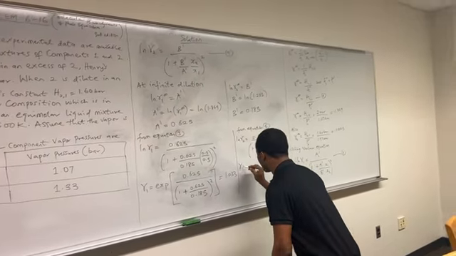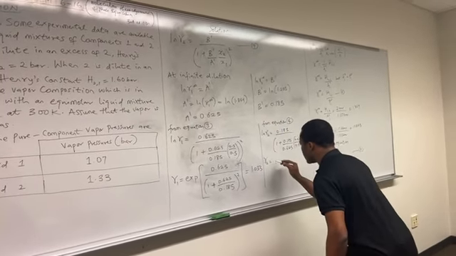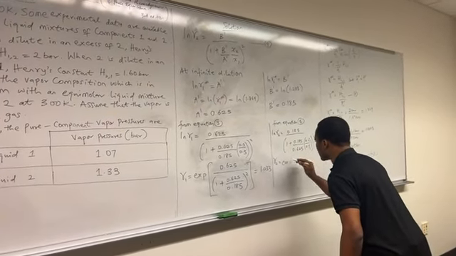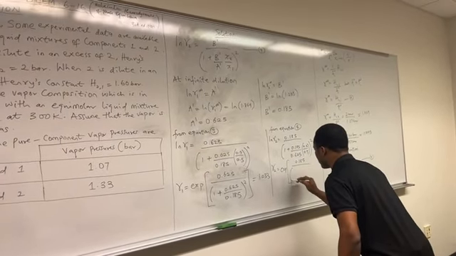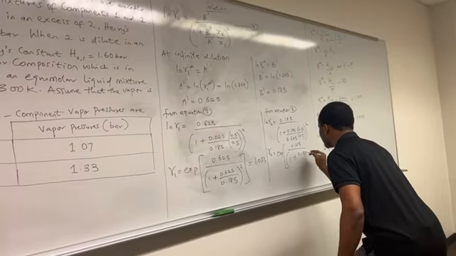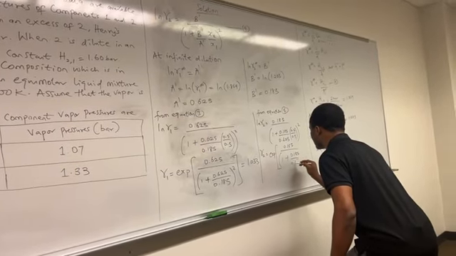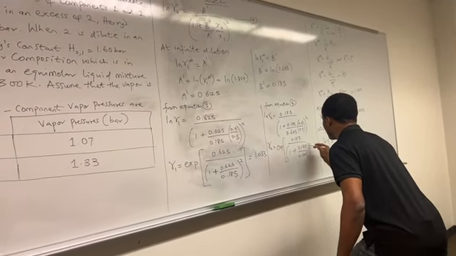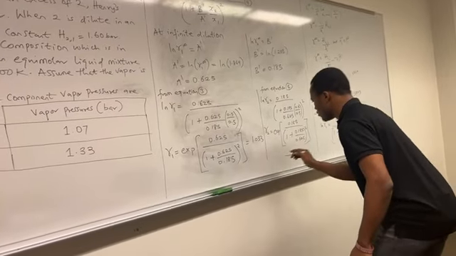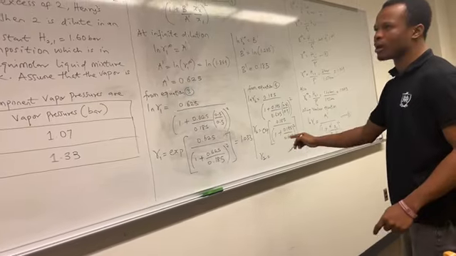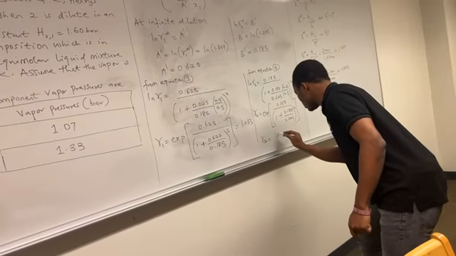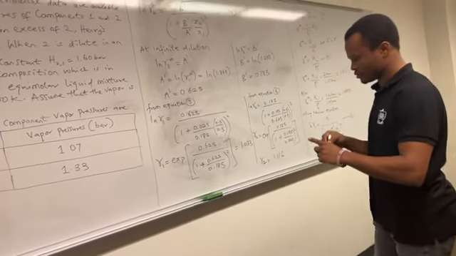Then our gamma 2 will be taking exponential of both sides. You have 0.185 upon 1 plus 0.185 over 0.625, all squared. So solving for this, we have our gamma 2 to be 1.116.